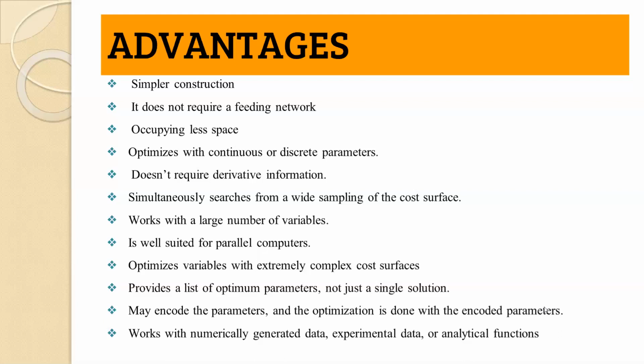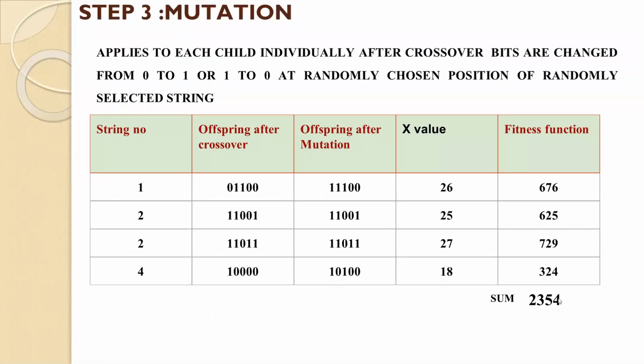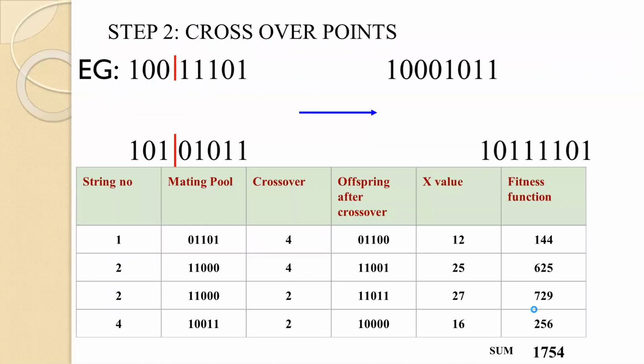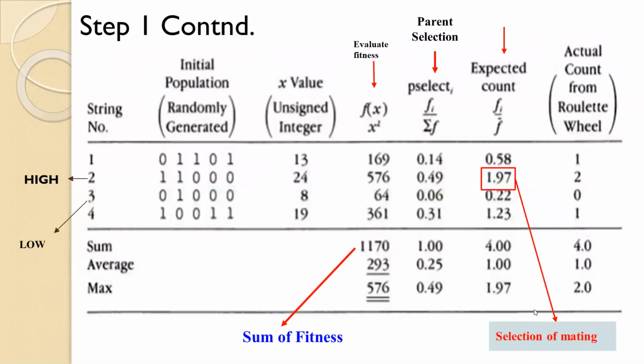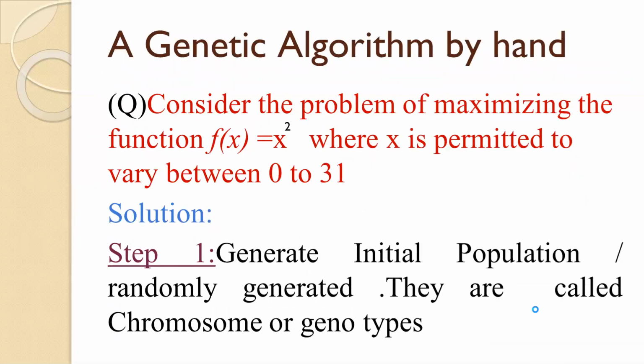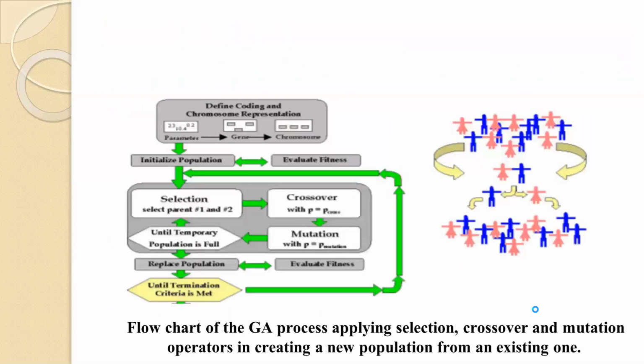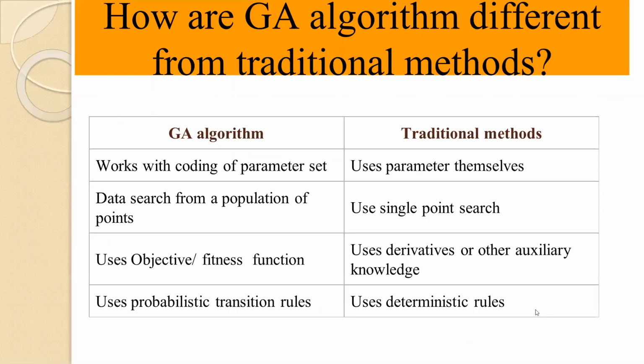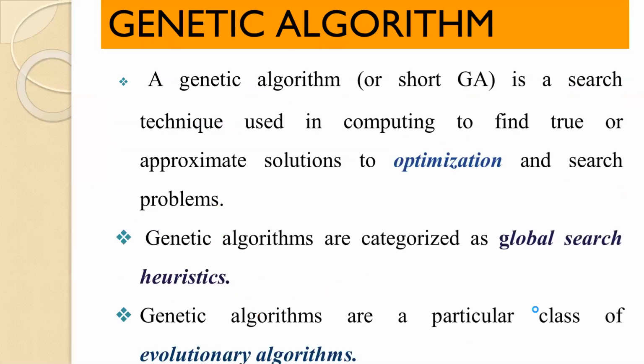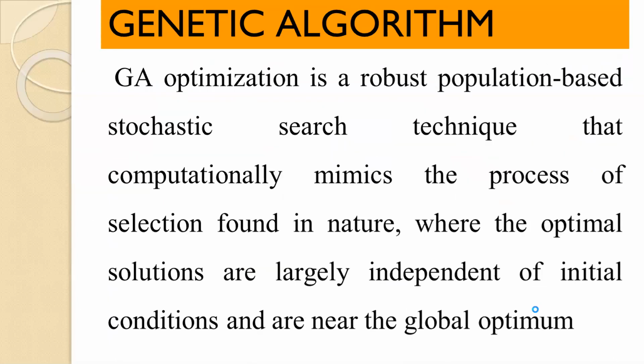This type of antenna optimization requires generated data, experimental data, and analytical functions. So by doing this type of antenna optimization, upcoming parameters like gain, bandwidth, directivity, size of antenna, and all are bound in advance, which is able to provide the best knowledge on antenna optimization.